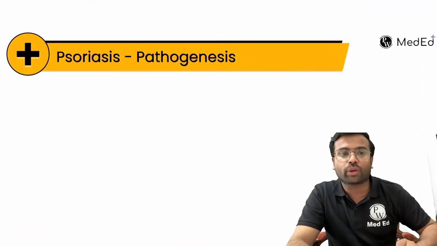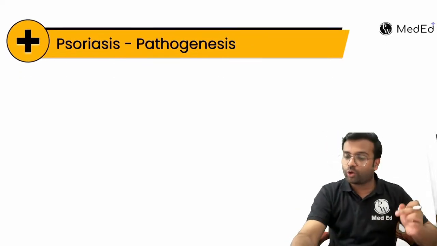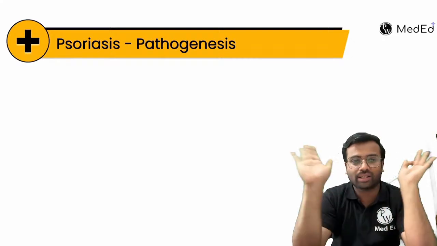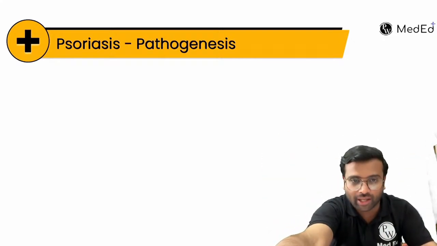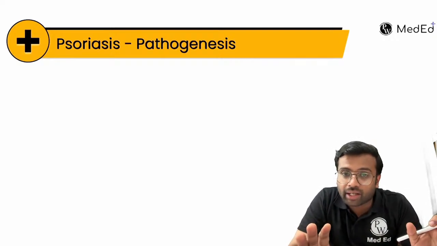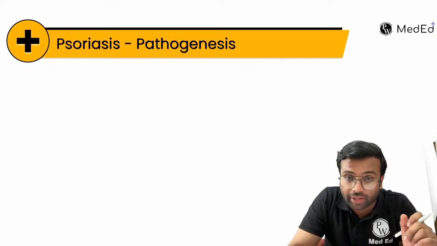So after that, what do you write? You write about the etiology, or you may write about the pathogenesis. Now here, I have already told you that this has nothing to do with autoimmunity, correct? So instead of autoimmunity, what is happening here? It is an immune mediated inflammatory disease, right?